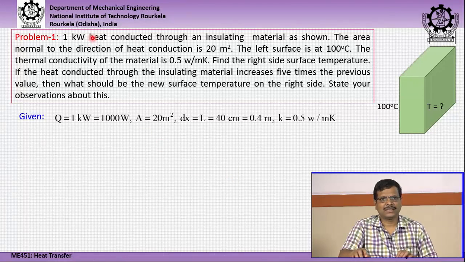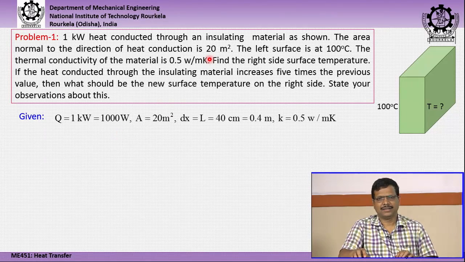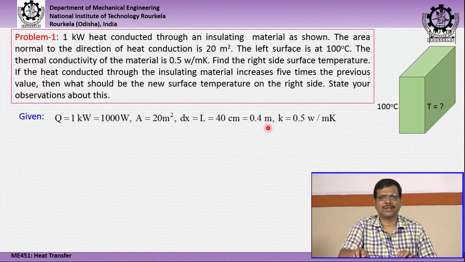So, here first you will note down the information given to us. The Q value is given, that is 1 kilowatt, that is 1000 watt. Surface area A is given to be 20 meter square, and the thickness of the slab, dx or L, is given to be 40 centimeter, which we can write as 0.4 meter. Then the thermal conductivity of this material is given to be 0.5 watt per meter Kelvin.